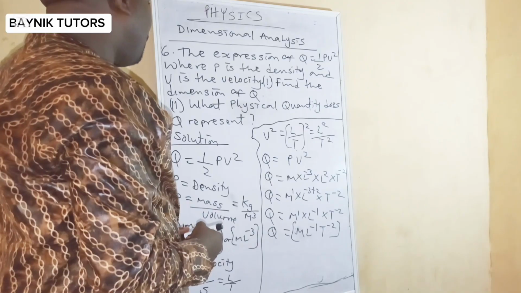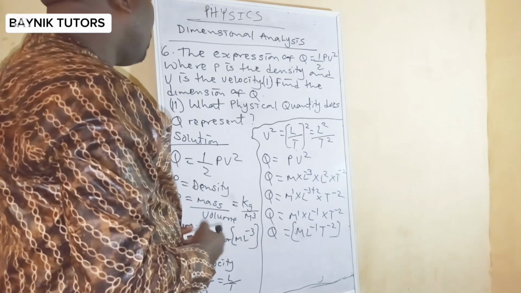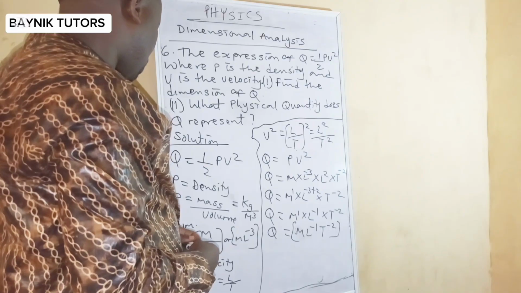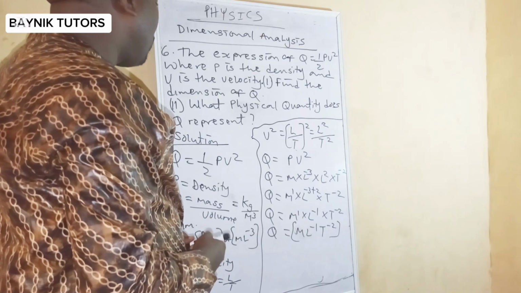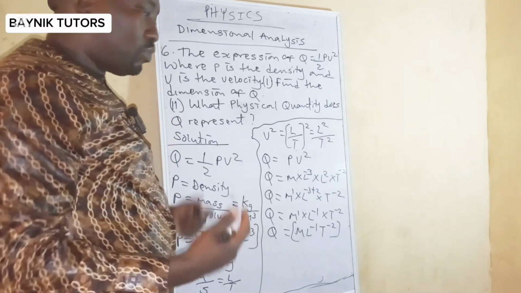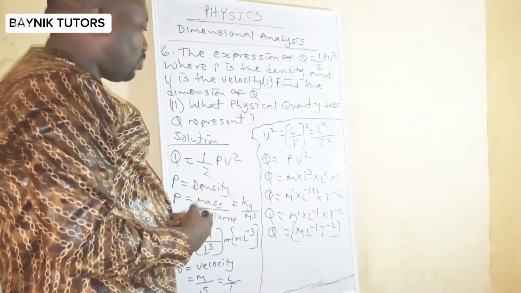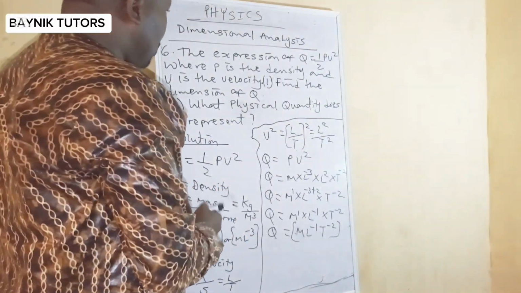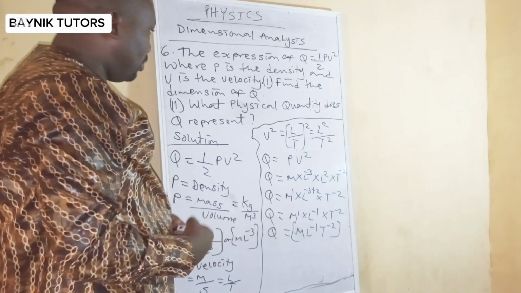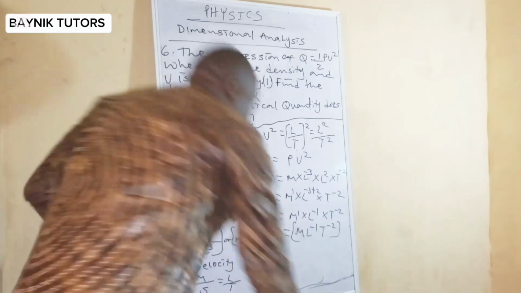So we ask, what physical quantity does Q represent? We want to look at the physical quantity of Q. So if we want to observe it, let's look at quantities like pressure.